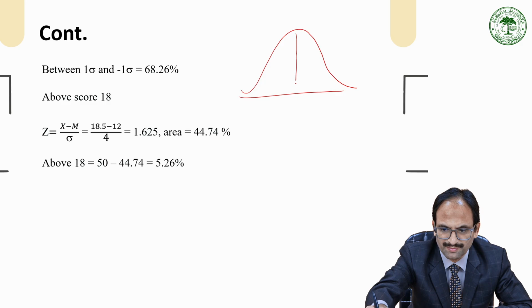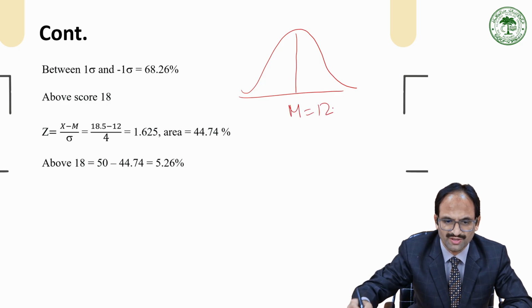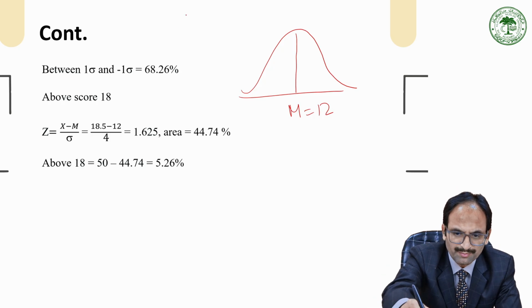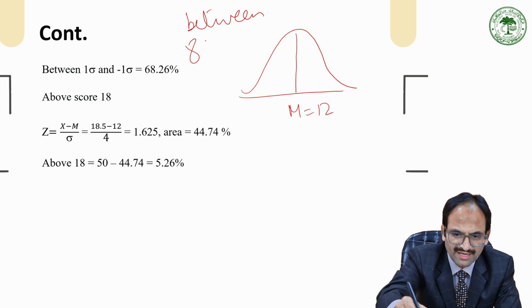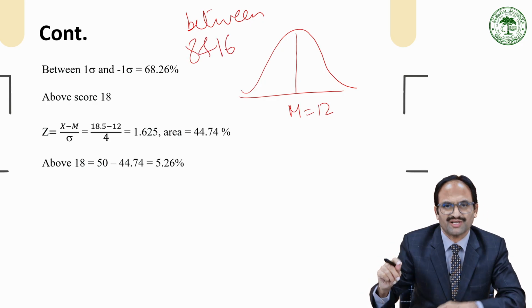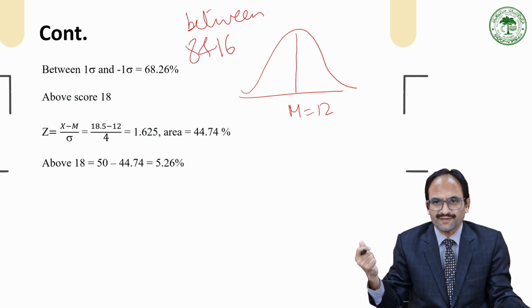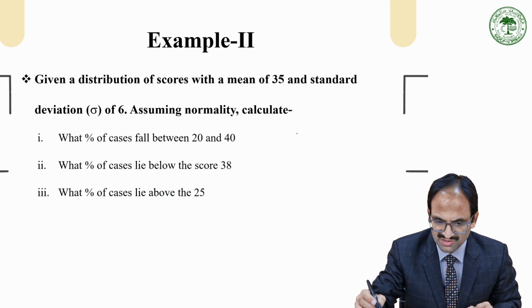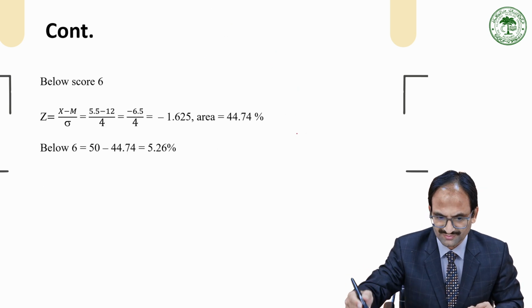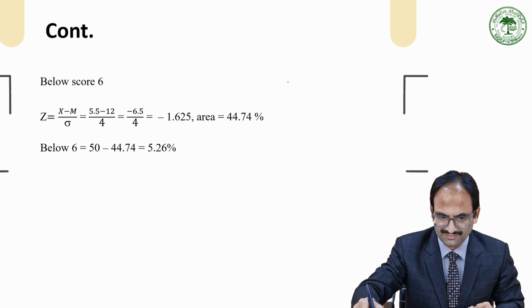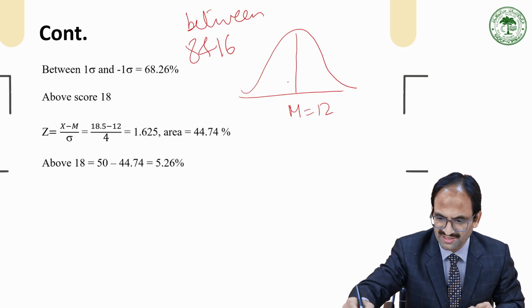So you see, this is the mean, which is given as 12. You have to calculate between 8 and 16. Sigma is what? 4.